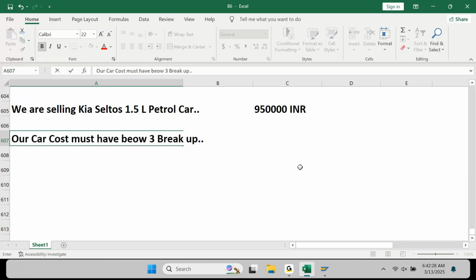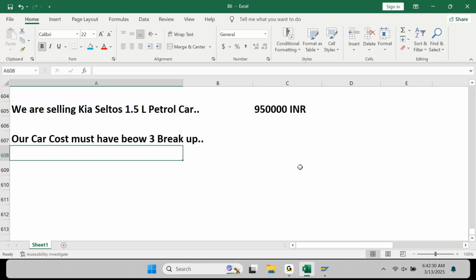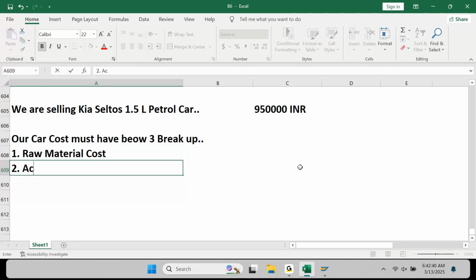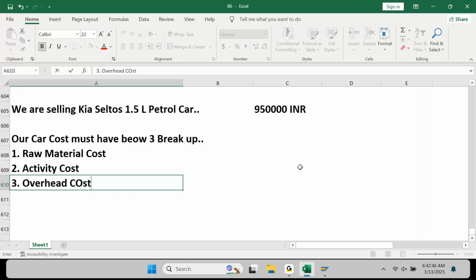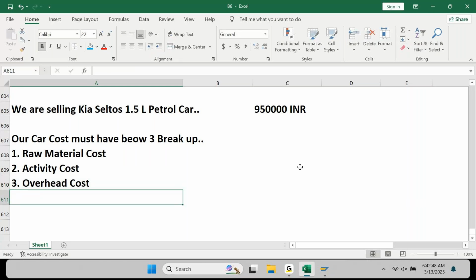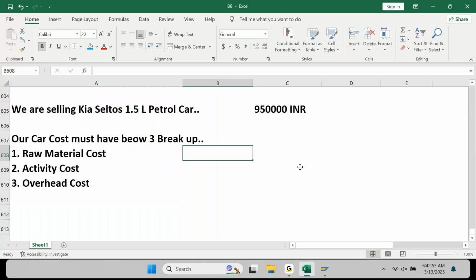What is the cost breakup? Materials, raw material cost; activity cost; overhead cost. That's correct. The sum of these three will form my cost price.